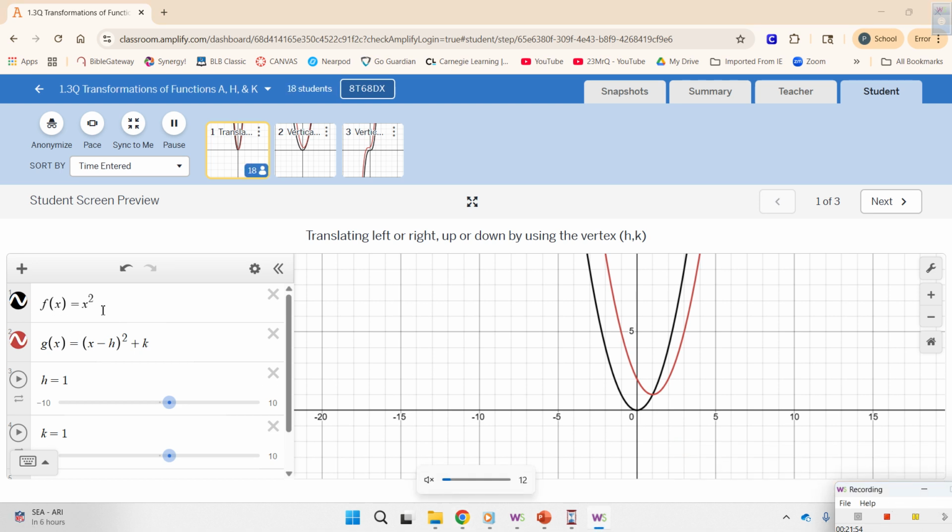We have the parent function f of x equals x squared, and the transformation g of x equals (x minus h) squared plus k, and I included some levers here for h and k. I want you to move them. I want you to notice what happens to the number and what happens to the red graph when you're doing that. Same thing for k. I'll give you some time. Play with that. Then from there, talk to your neighbor, see what's going on with those numbers when you move the levers.